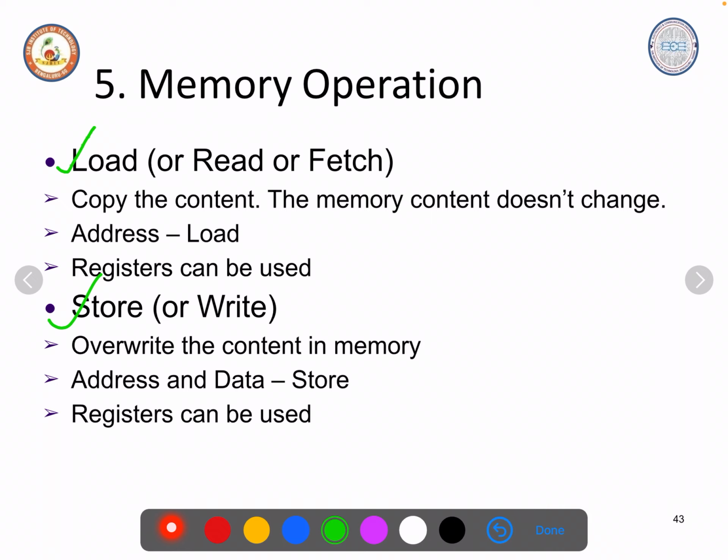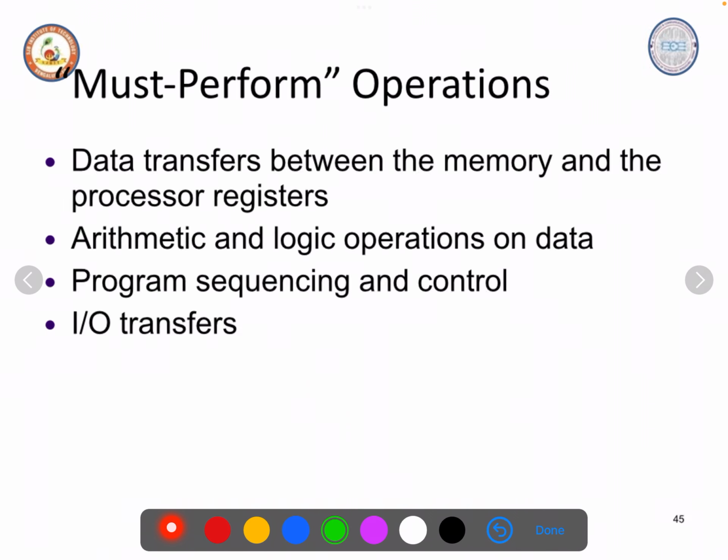So from memory you are reading or fetching the data, or you can also say copying the content from a memory location to a register, whereas store indicates writing the data into the memory. Registers you can make use of to store the data.